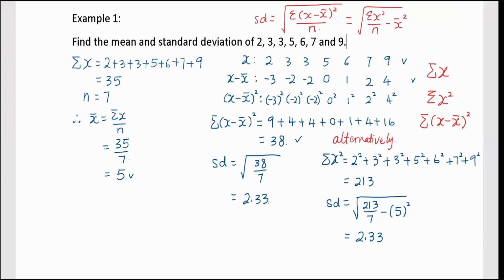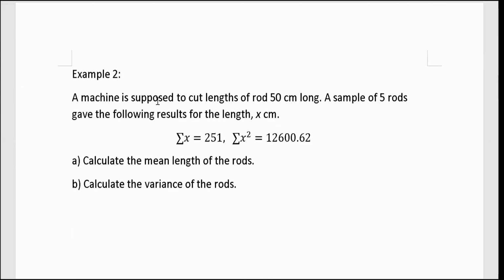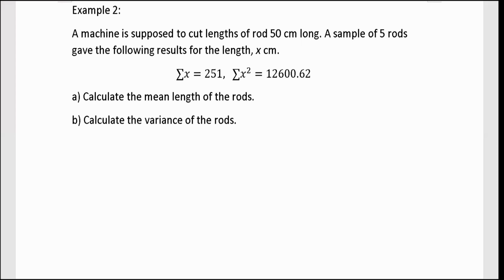Right? So let's see the next example here. A machine is supposed to cut lengths of rod 50 cm long. A sample of 5 rods gave the following results for the length x cm.